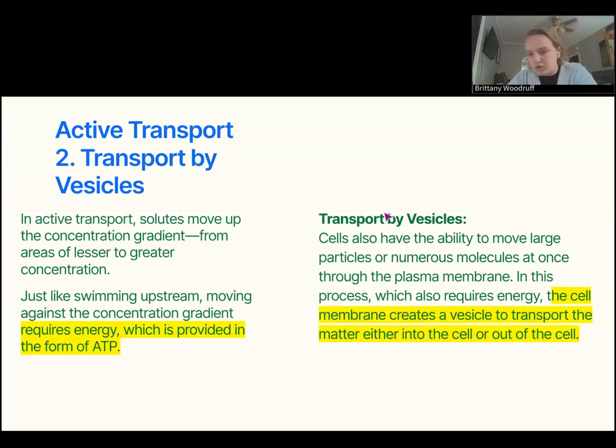Next, you have transport by vesicles. We've talked about vesicles before, right?